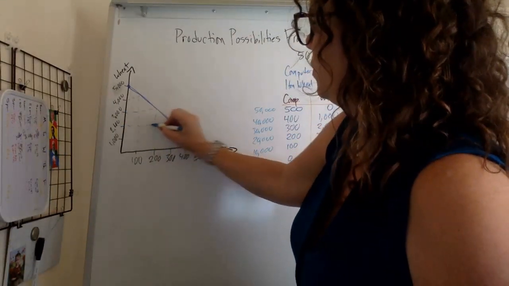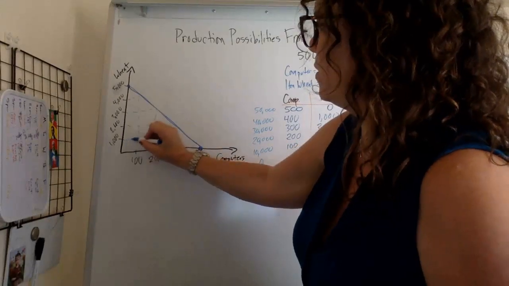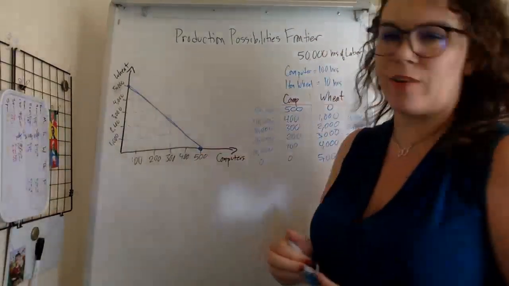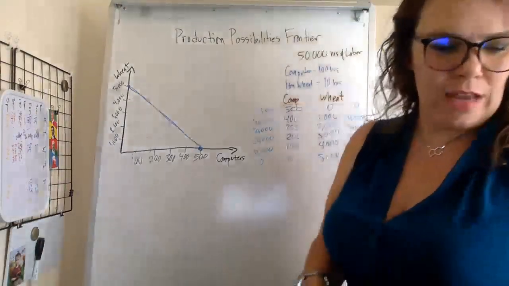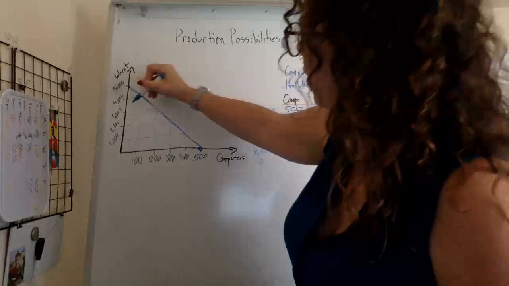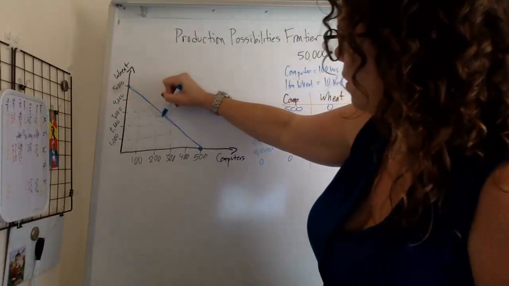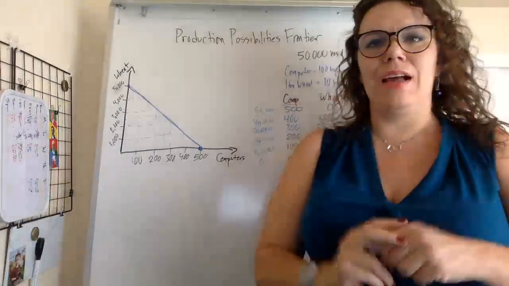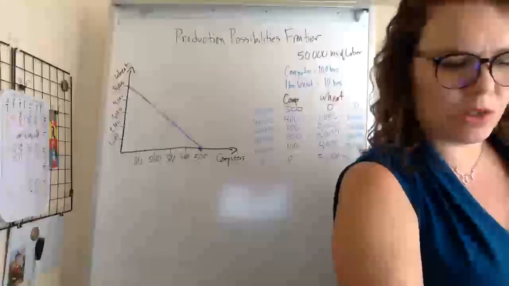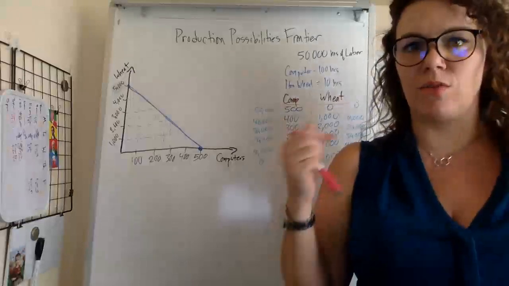And the book also makes use of the 50-50 point. So what happens if we use half of our time to make computers and half of our time to make wheat? Well, then that would give us 2,500 tons of wheat and 250 computers right there. And there are a couple of big concepts that I want you to pull from where we are now.